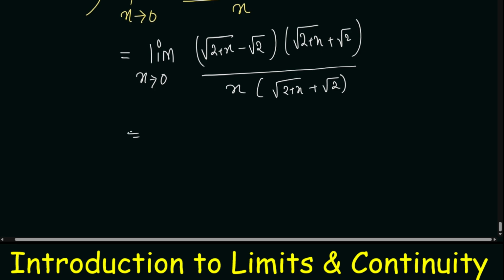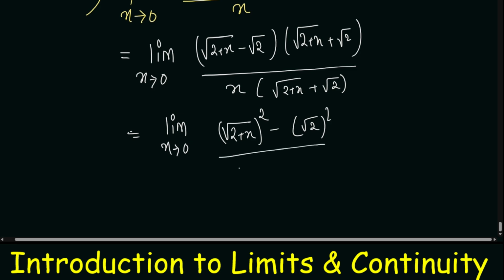Once you do that, you get limit x tends to 0, and now this will come into the formula of a plus b into a minus b, which is a squared minus b squared. This would give you root over 2 plus x whole squared minus root 2 whole squared by x whole into root over 2 plus x plus root 2.